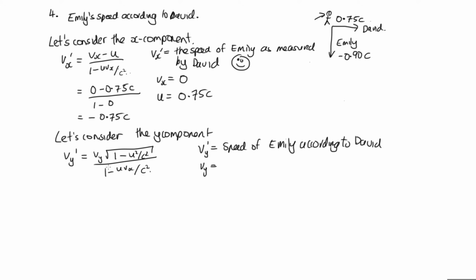Vy is the speed of the object in the unprimed frame, and in this case it's minus 0.90c. U is still the same. It's the relative movement of the frame. We're going from this stationary frame to David, so it's still 0.75c. And we also need vx, which once again hasn't changed.